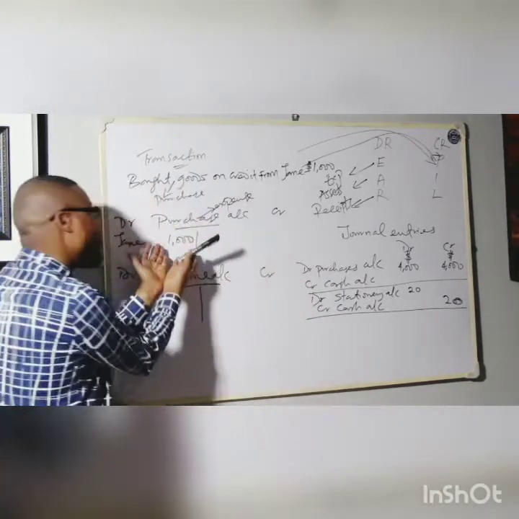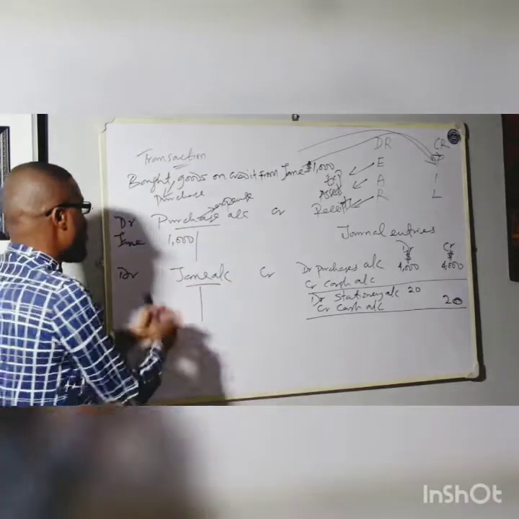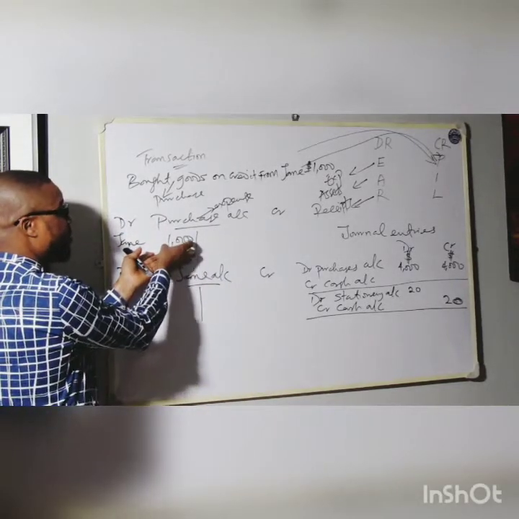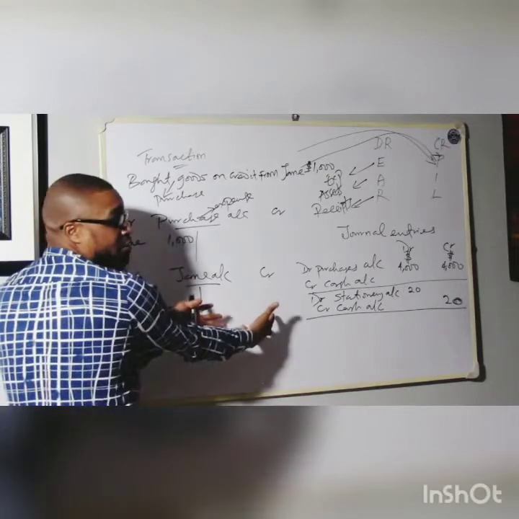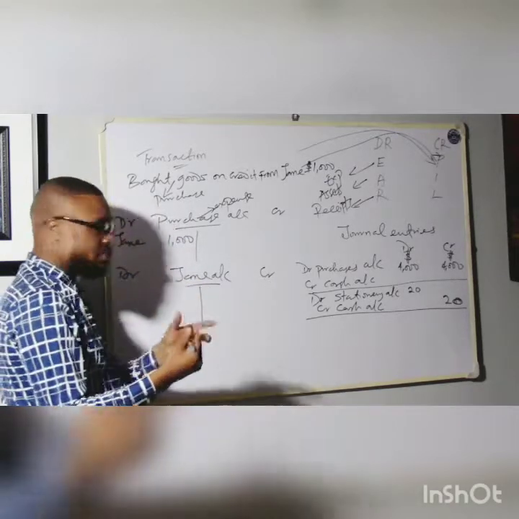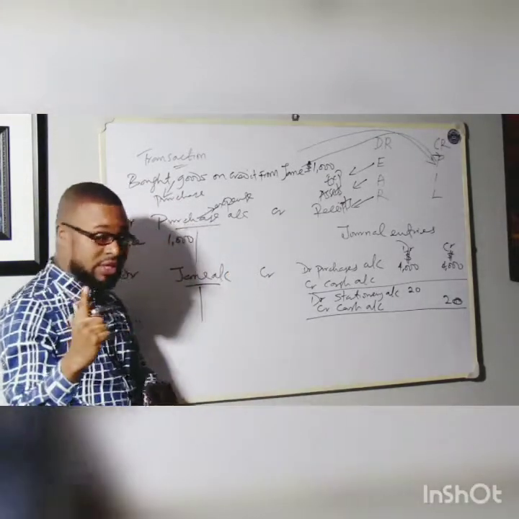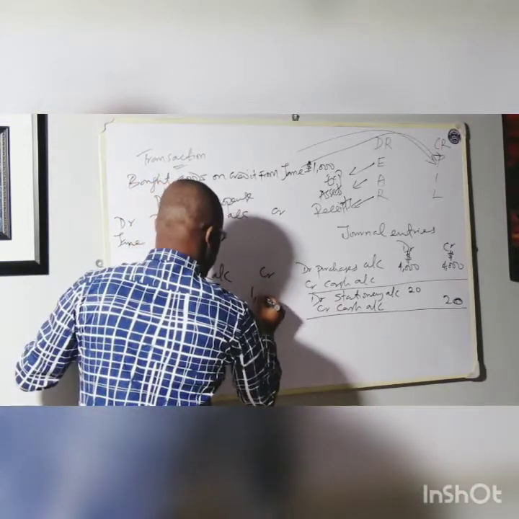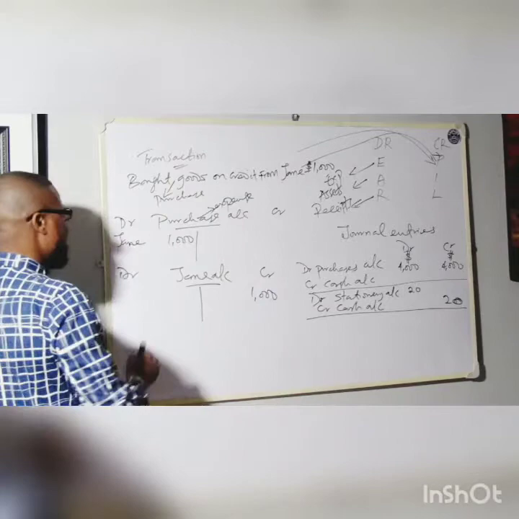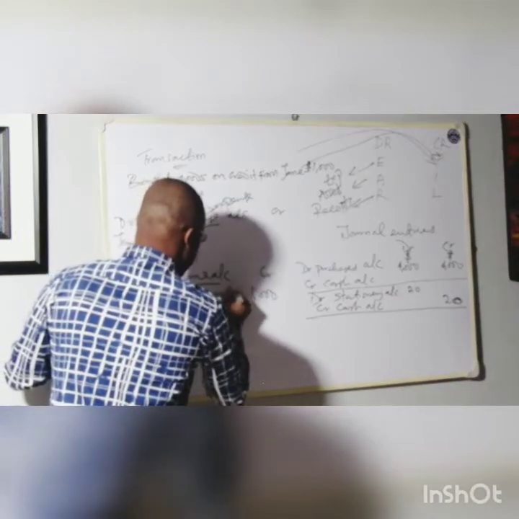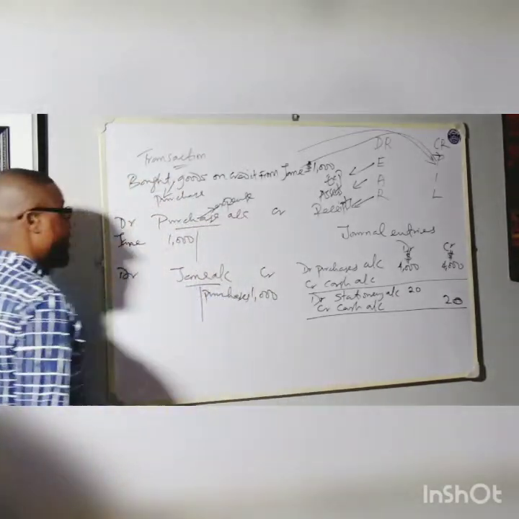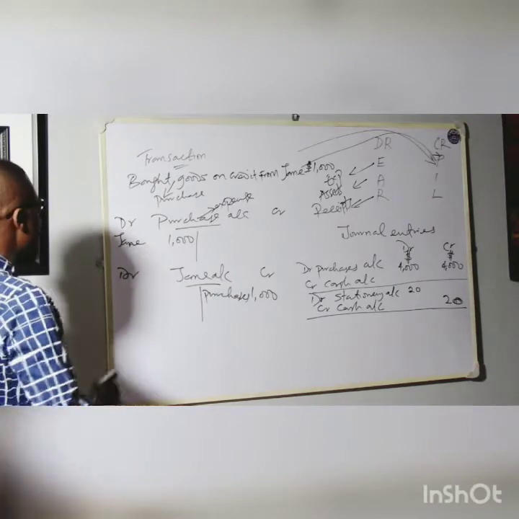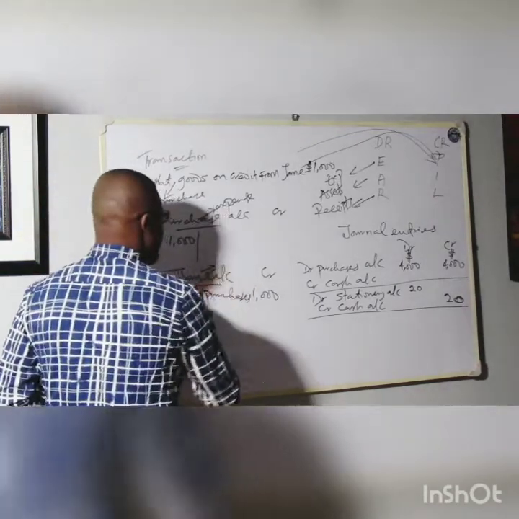So now that you have your first leg correctly treated, all you have to do in the second leg is move this figure to the opposite side of Jane's account and you get the answer correctly. Always, 100% of times. So this gives you $1,000 coming from where? Purchases account. Very simple.